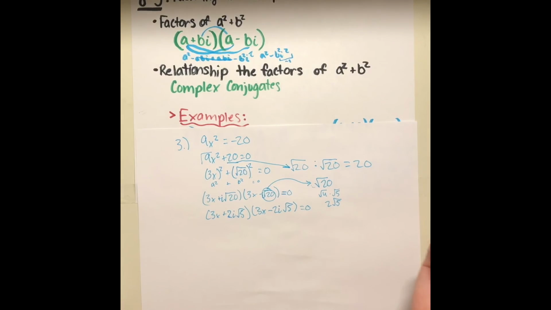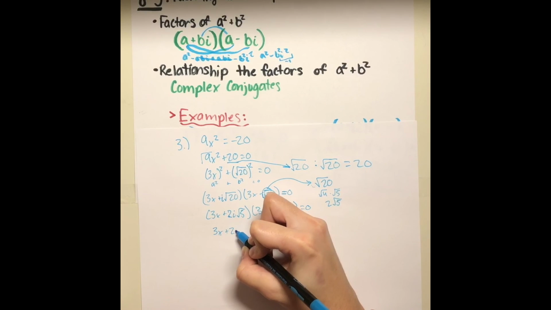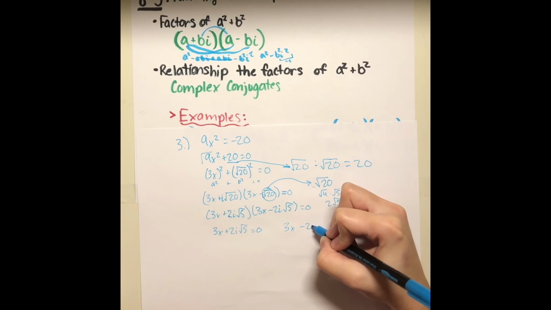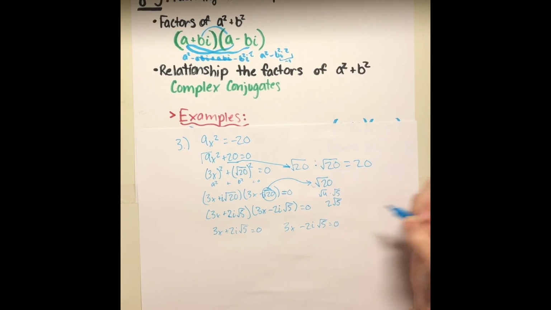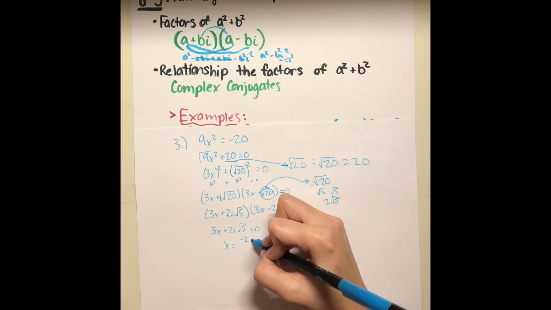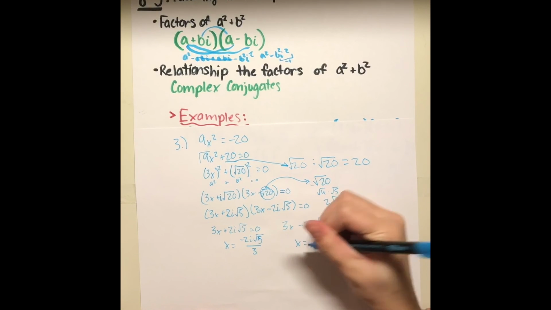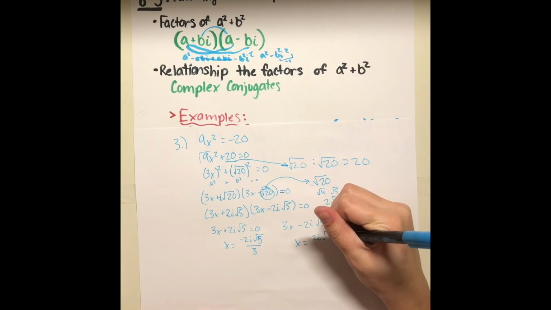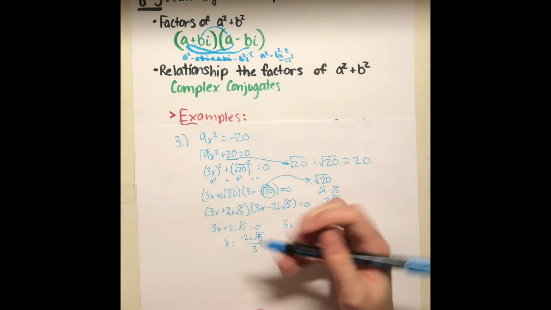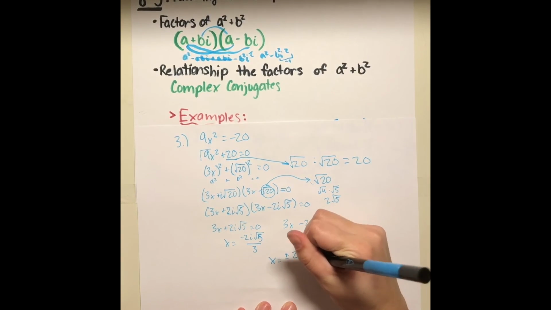Anyway, now we can just solve for 0. 3x plus 2i square root of 5 equals 0, and 3x minus 2i square root of 5 equals 0. So if we solve, x would equal negative 2i square root of 5 over 3, and x over here would equal 2i square root of 5 over 3. Again, you can also write that as x equals plus or minus 2i square root of 5 over 3.